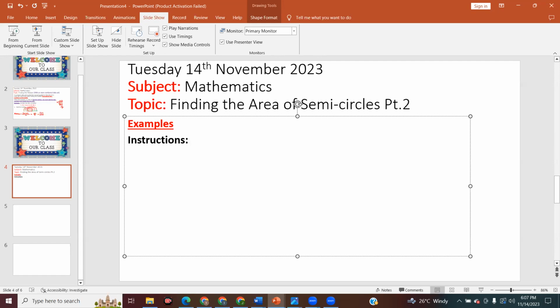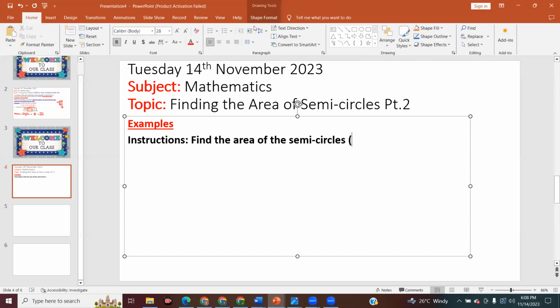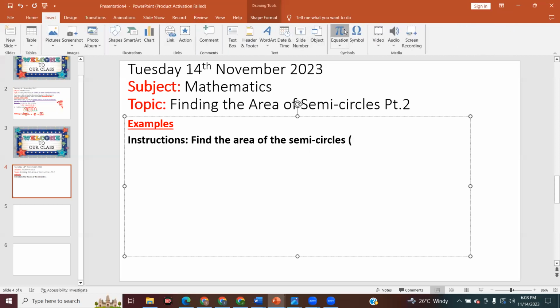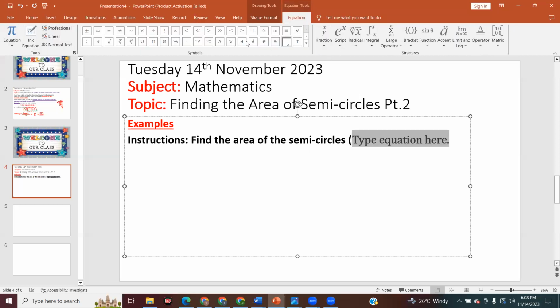We want to find the area of the semicircles, where pi is equal to 3.14.